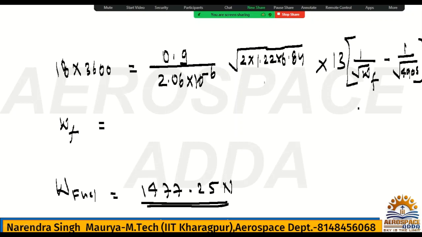This is the value on my calculator. This is a single digit calculator actually, not an engineering calculator that I have.